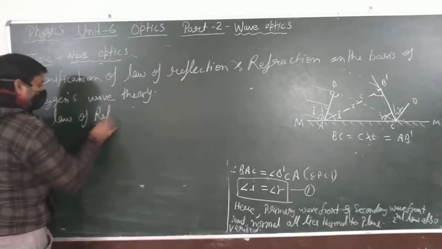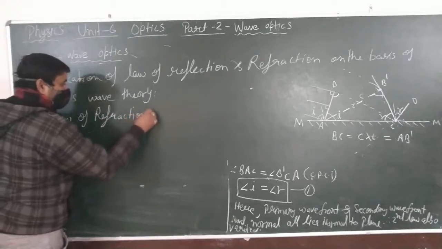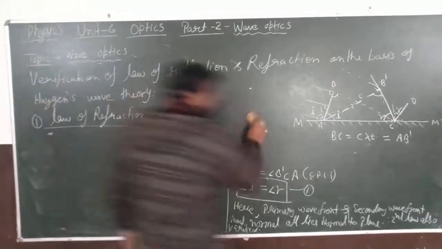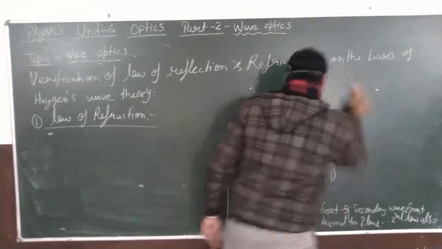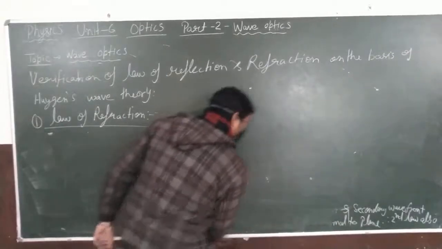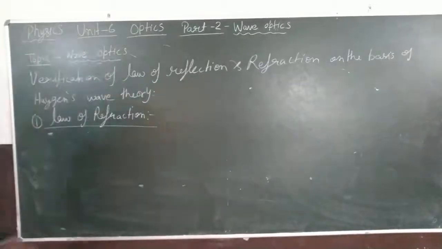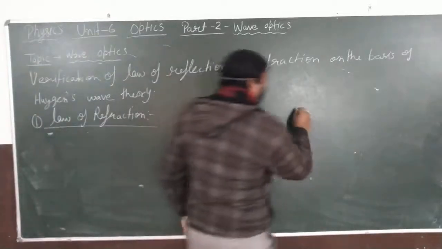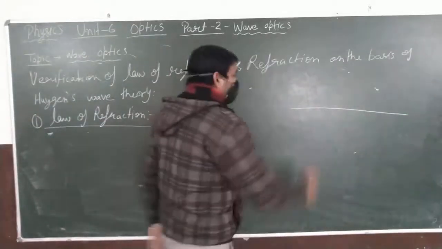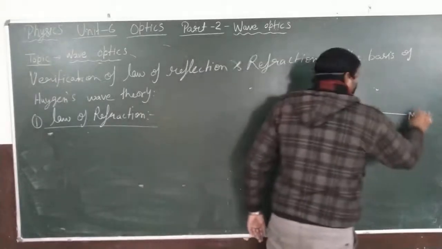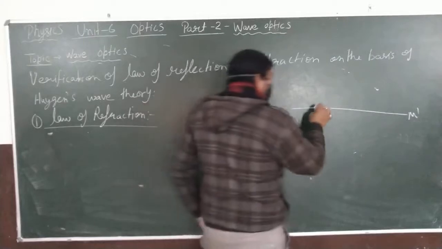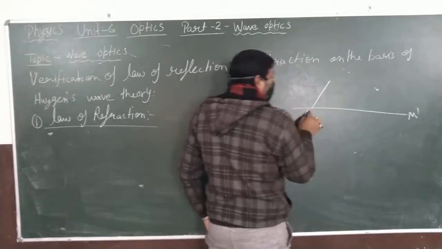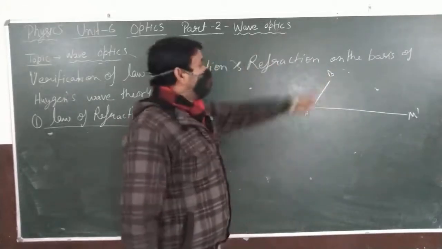Now, to verify the law of refraction on the basis of wave theory, we have a transparent surface and a primary wavefront falls on it at point A, and the wavefront is AB.